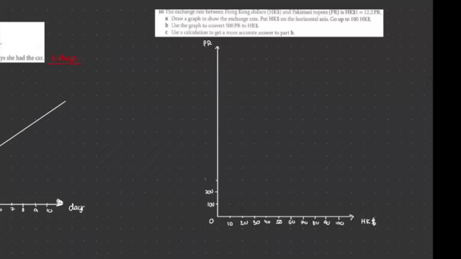200, 300, 400, 500, 600, 700, 800, 900, 1000.